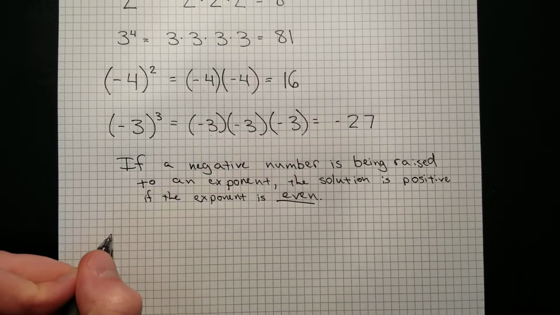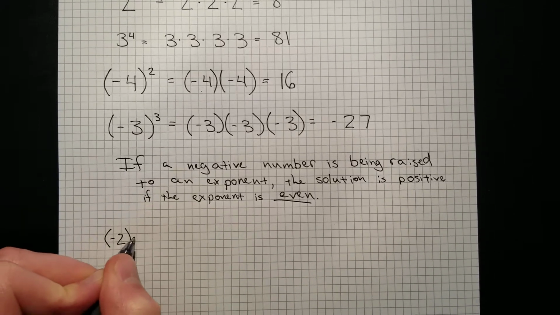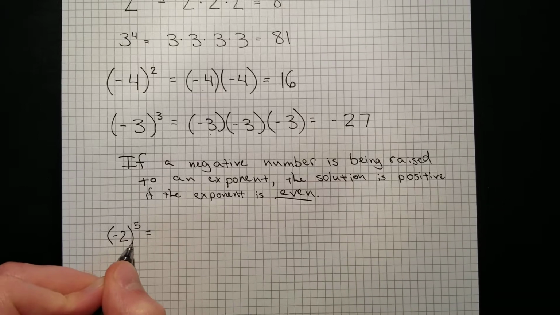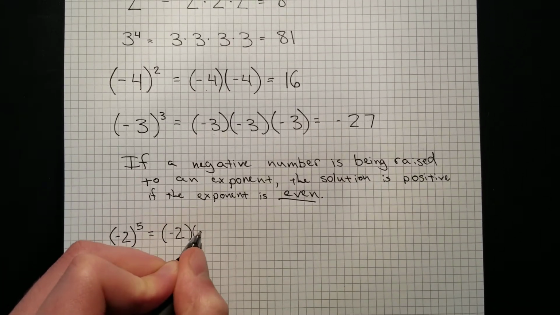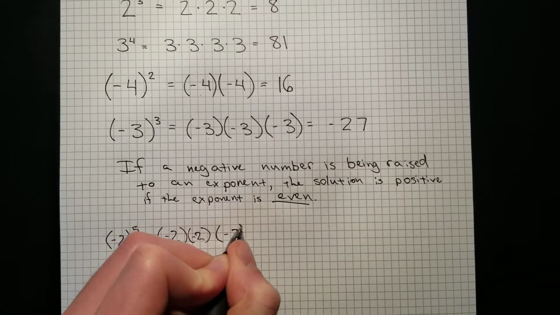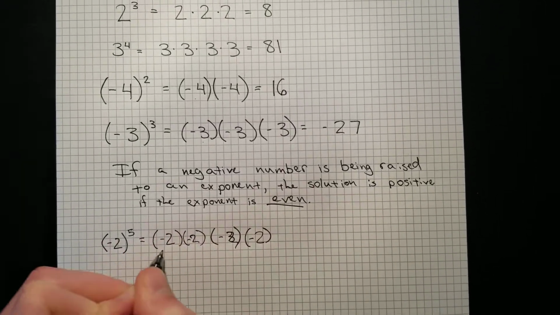So let's do -2 to the 5. You want to think about this. If we had 1, 2, 3, I wrote down 3, and I meant the third -2.